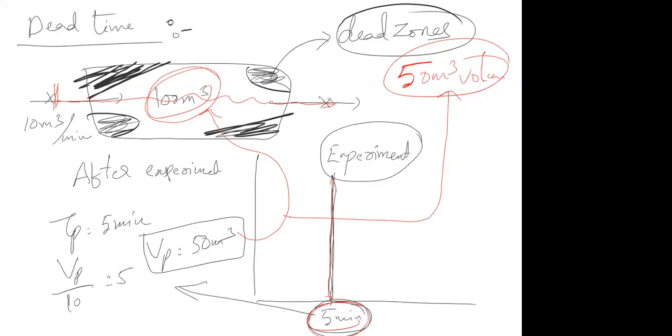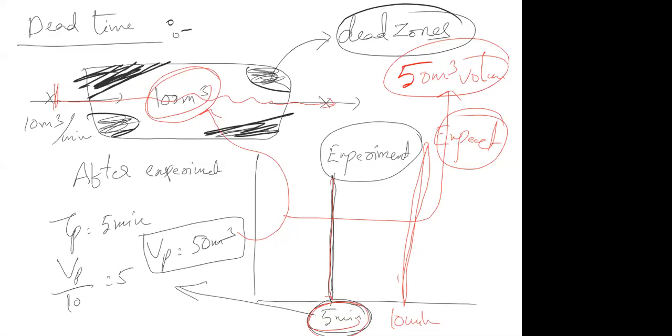You expect the peak at 10 minutes, but your peak is coming at 5 minutes. You can't do anything. Then you go back and see where it went wrong: your volume is not the true volume, even though you have a 100 meter cube reactor, because there is a possibility of dead zones inside the reactor.